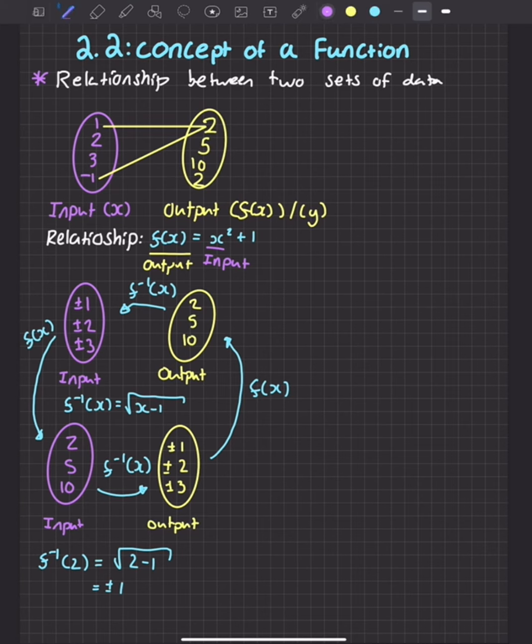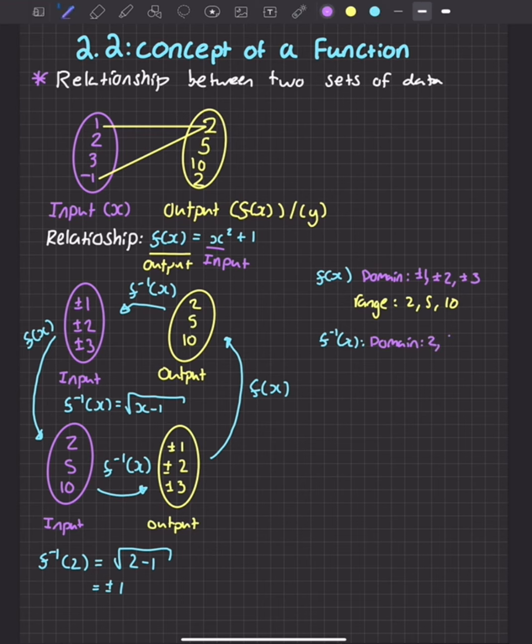So for f of x, let's put it in. For f of x, your domain is plus or minus 1, plus or minus 2, plus or minus 3, and your range is 2, 5, 10. For the inverse function of x, your domain is 2, 5, and 10.